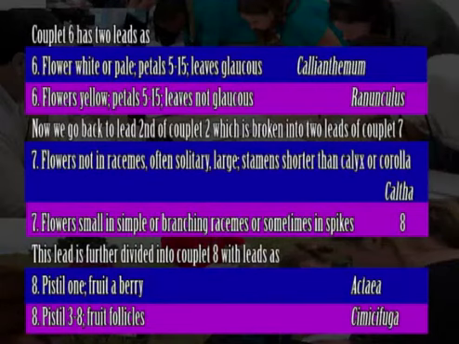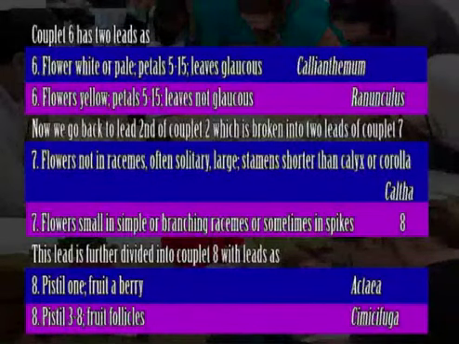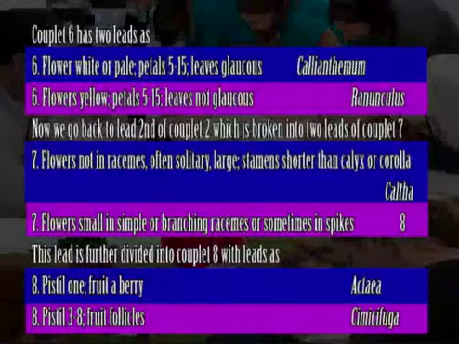The sixth couplet starts with flowers white or pale, petals 5 to 15, leaves glaucous, which identifies Callianthemum, and the second lead is flowers yellow, petals 5, leaves not glaucous, which identifies Ranunculus.